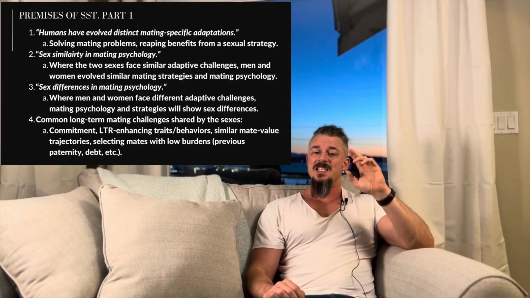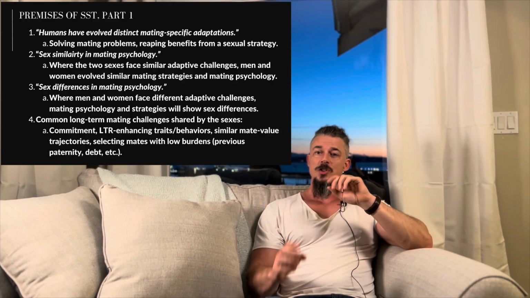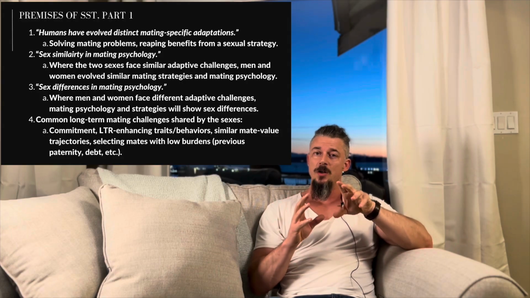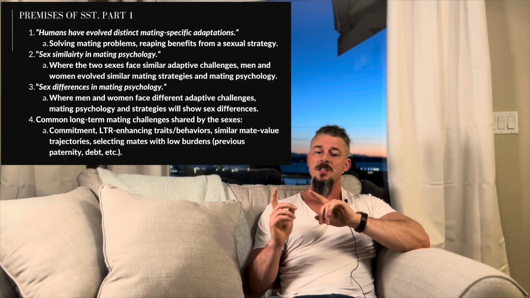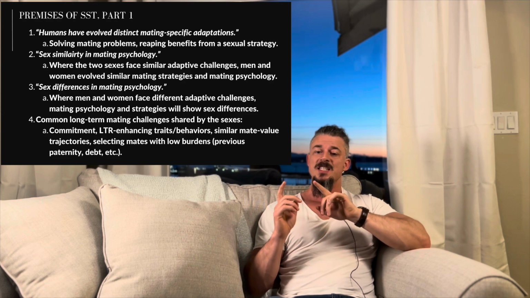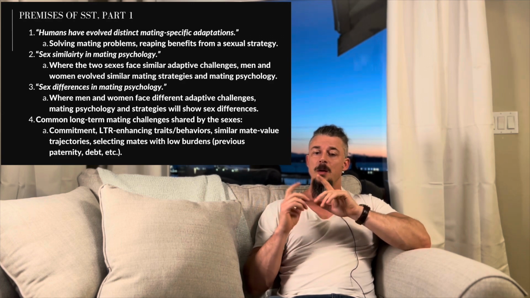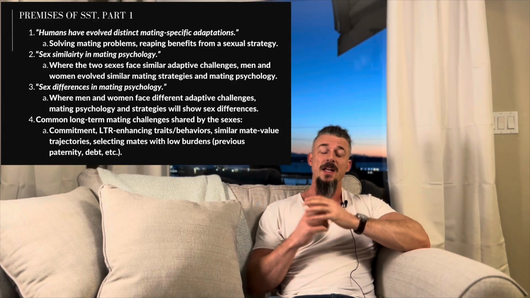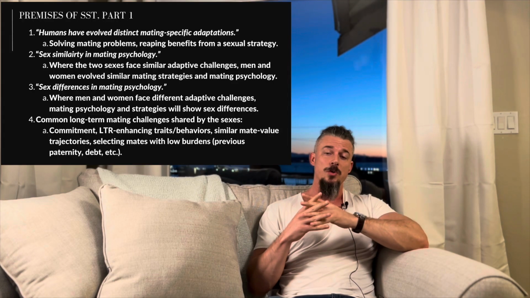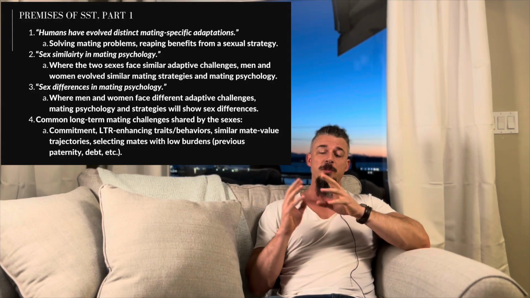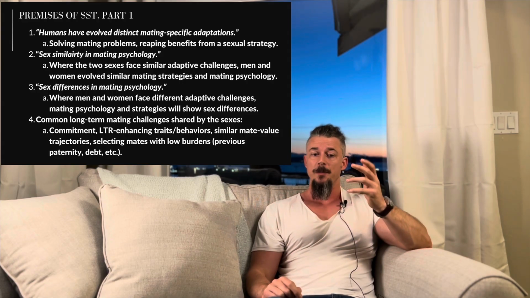Premise 2 here, sex similarity in mating psychology. So we see some shared similarities in mating psychology of men and women both. When does this occur? When the two sexes face similar adaptive challenges, men and women have evolved similar mating strategies in mating psychology. So this is when you're going to see fewer sex differences or no sex differences, right? When the adaptive problems faced by men and women are similar.